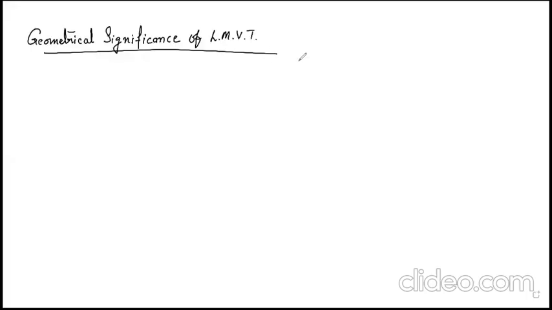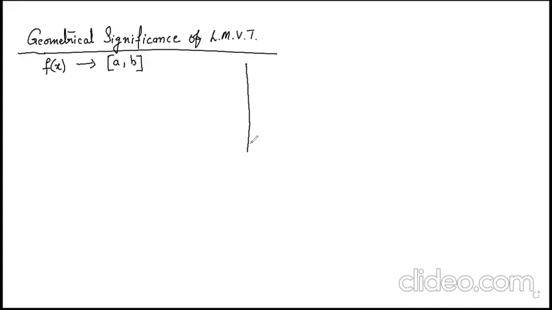Yes. So we are moving with the geometrical significance of LMVT, right? According to the statement, the function f(x) must be continuous in the closed interval [a,b]. What does it mean?